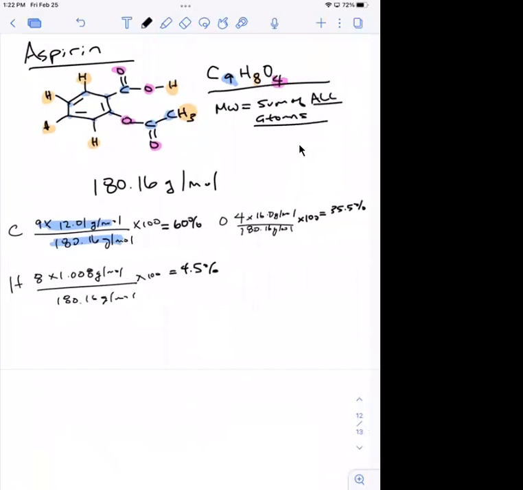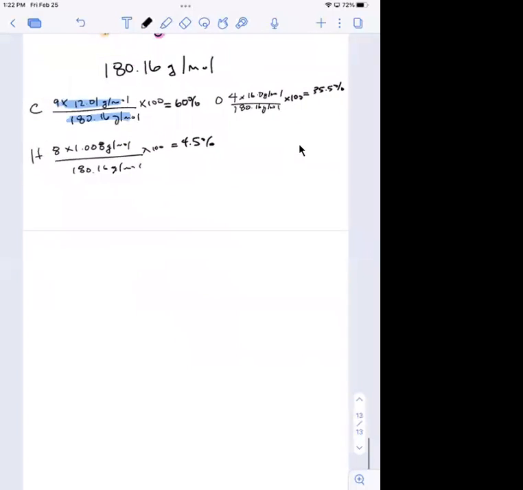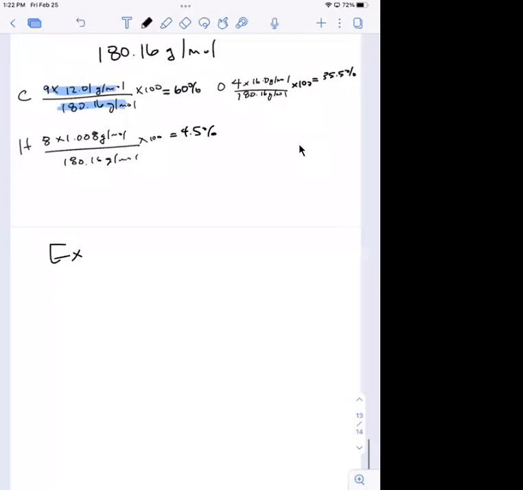Let's do another example, and let's do iron oxide, iron 3 oxide. Sorry about that. Right.